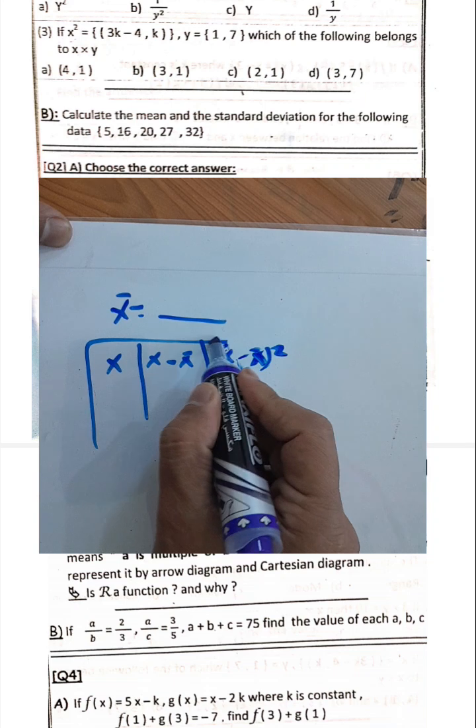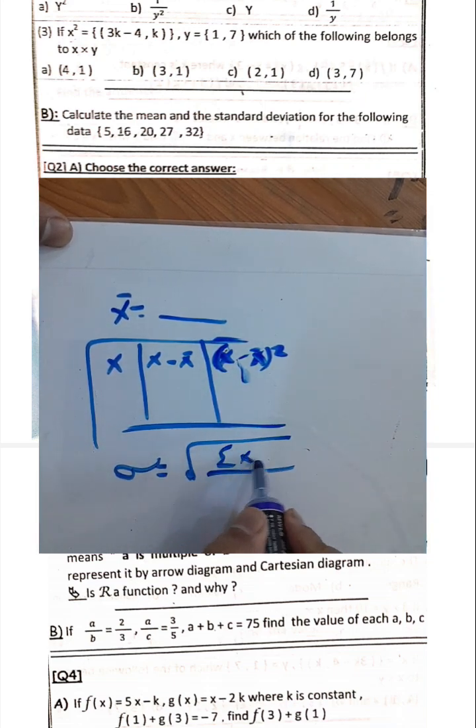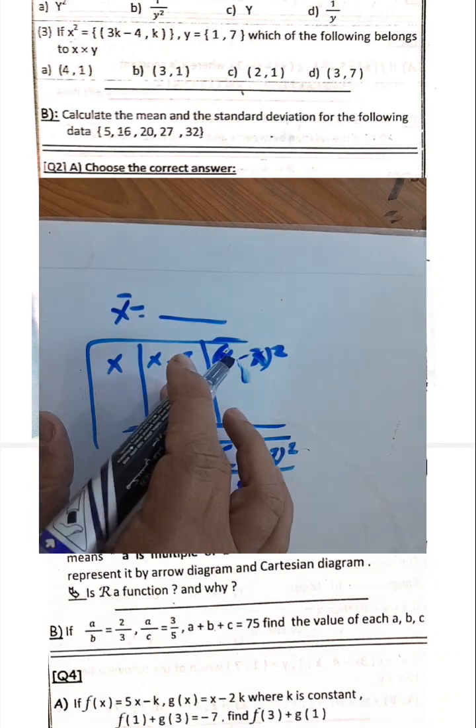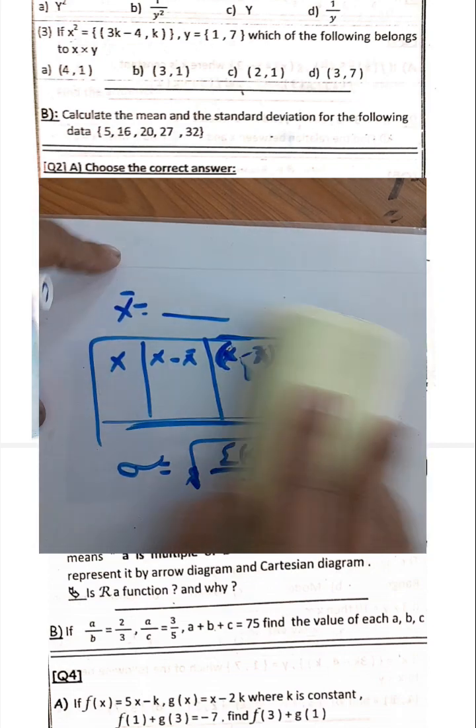You can solve this example and then find sigma equals the square root of the sum of (x minus x bar) power 2 divided by the number of elements. You can find sigma, the standard deviation. Okay, you can solve this example. It's very easy for you.